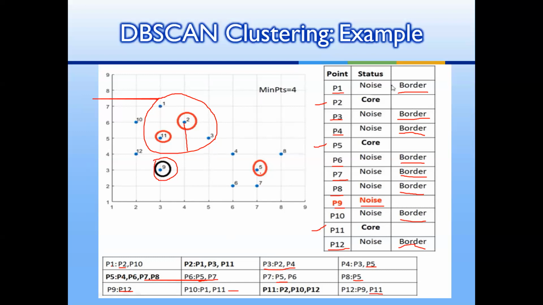So around P5, there are P4, P6, P7, and P8. So the second cluster that we have obtained here is this. And the third cluster is P11, around P11, which covers P2, then P10, then P12 points, right?